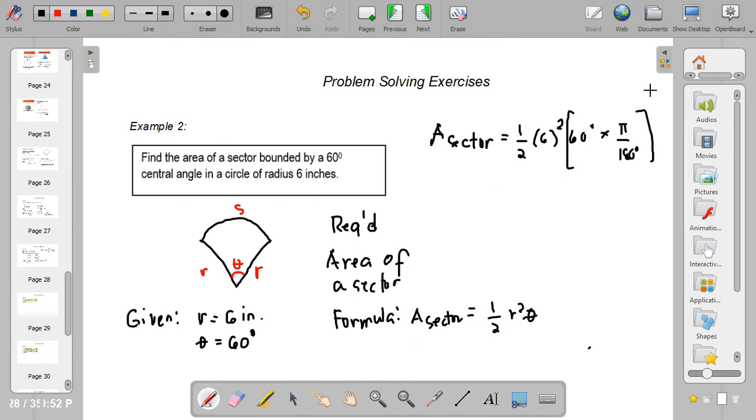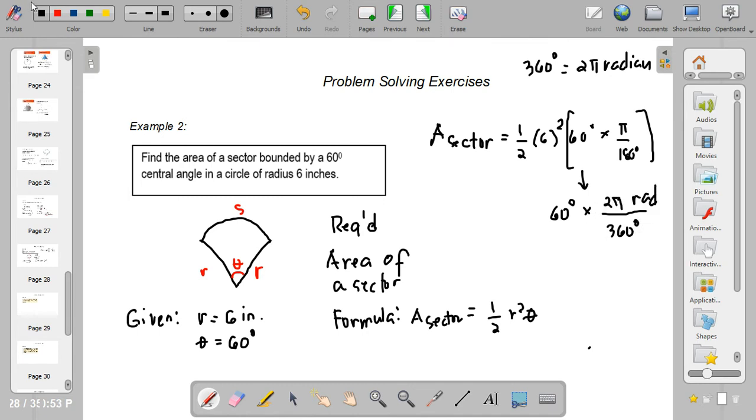Okay, so bakit i-multiply ng pi over 180 degrees? Because a circle which has 360 degrees, ang equivalent niya is 2 pi radian. So therefore, if you want to convert this, it will be like 60 degrees times, since you want it to be in radian, yung 360 mo ay dapat nandito. 360 degrees tapos 2 pi radian.